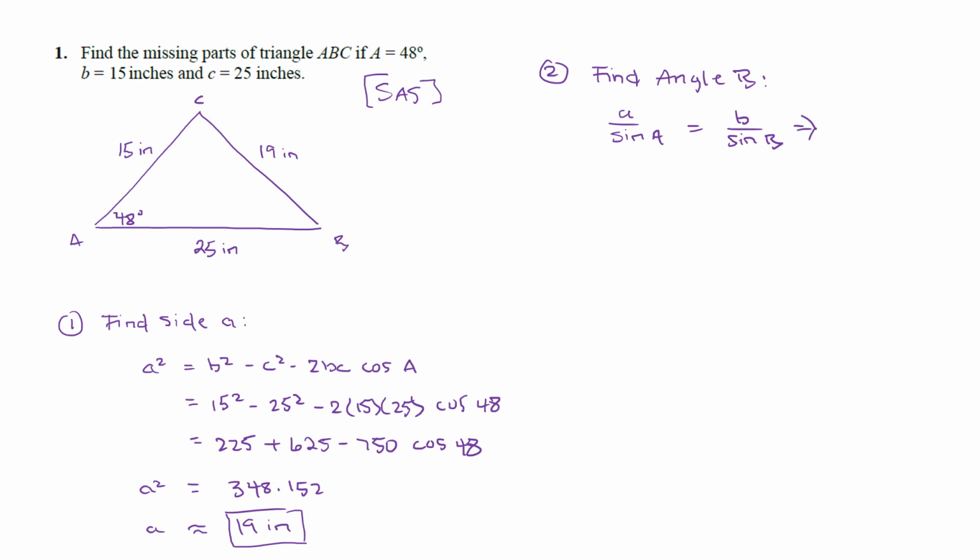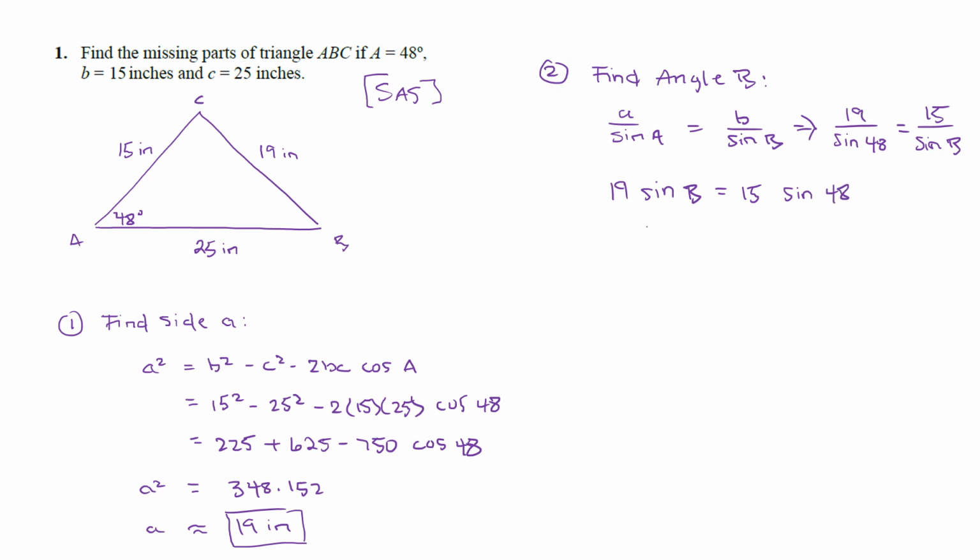And this will get me 19 over the sine of 48 equals 15 over the sine of B. All right, so let's cross multiply. So I'll have 19 times the sine B equals 15 times the sine 48.